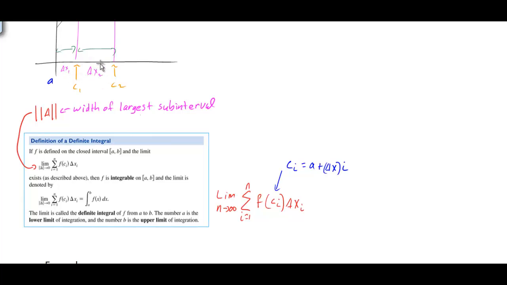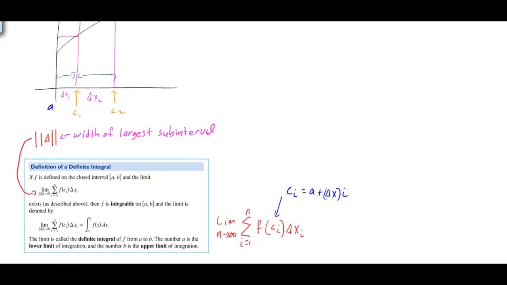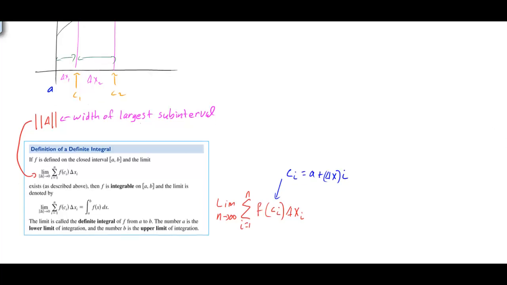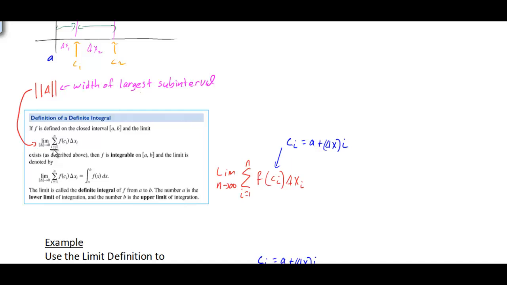The largest subinterval here would be this delta x2. So we're looking at the largest subinterval that we have, and if that approaches 0, what's going to happen to all of the other intervals? If we pick the largest one, if its width is going to 0, certainly all of the others must be approaching 0.